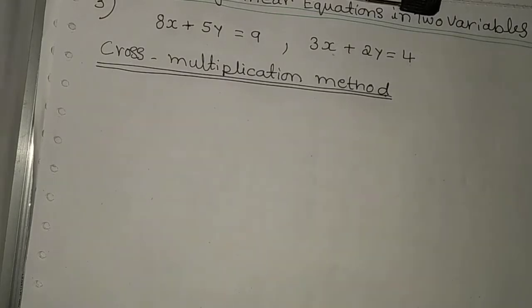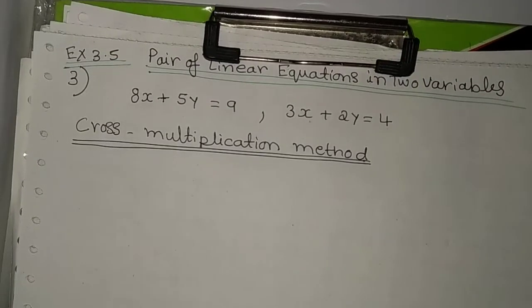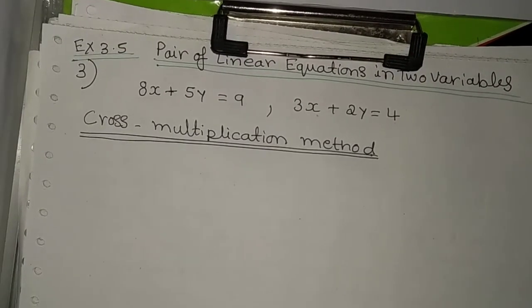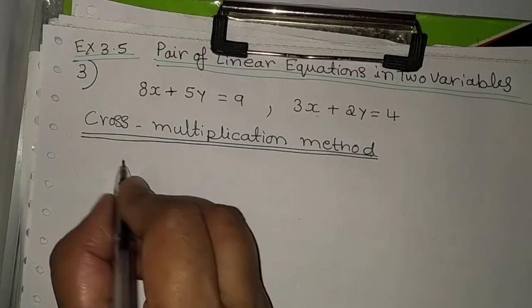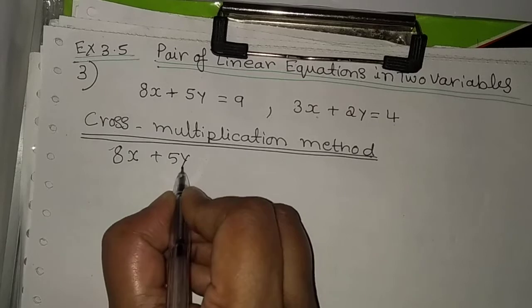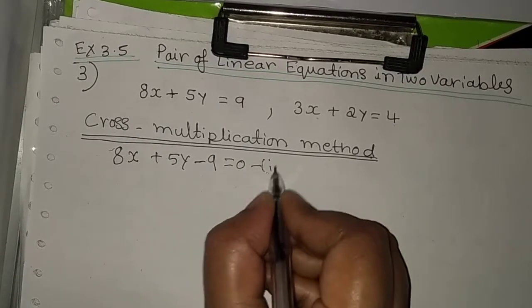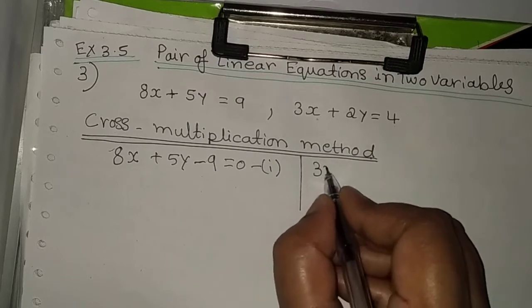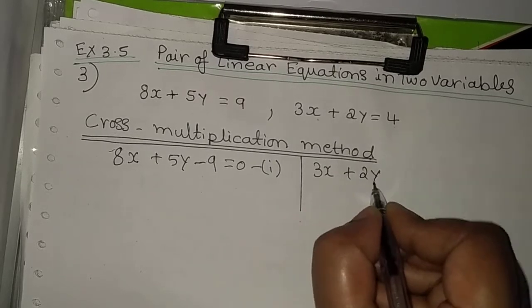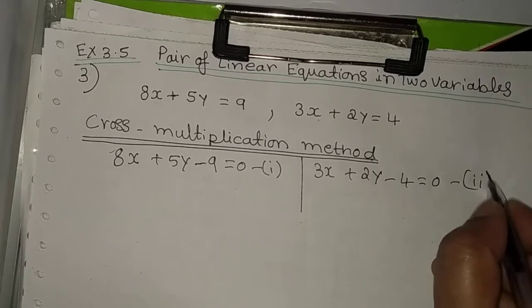In this, again we write down the equations in general form: 8x plus 5y minus 9 is equal to 0 is equation 1, then 3x plus 2y minus 4 is equal to 0 is the second equation.